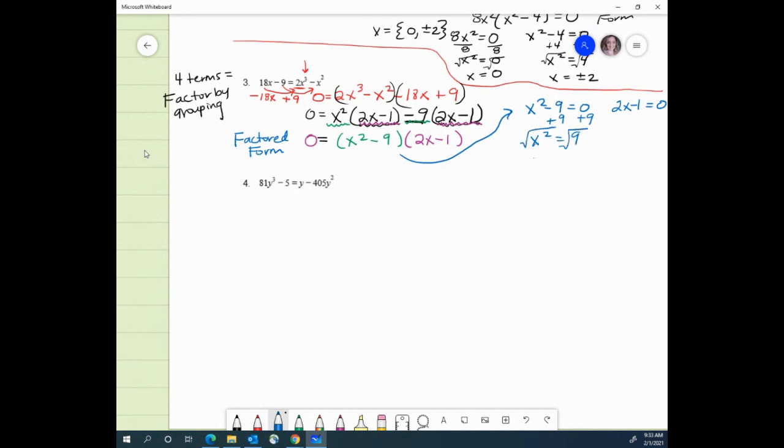Take the square root, get x equals plus or minus 3. Our second one, add 1, get 2x equals 1, divide by 2, x equals 1/2. So our solution set is plus or minus 3, 1/2.